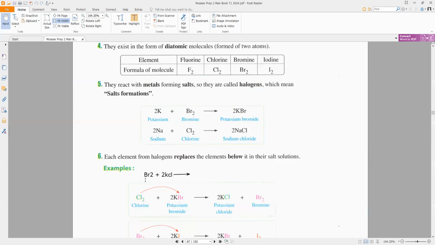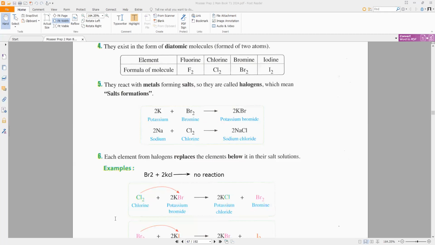So when bromine reacts with potassium chloride, bromine doesn't replace the chlorine because chlorine is more active than bromine, so no reaction happens. When a halogen reacts with a salt of a halogen that is less active than it, it can replace it.